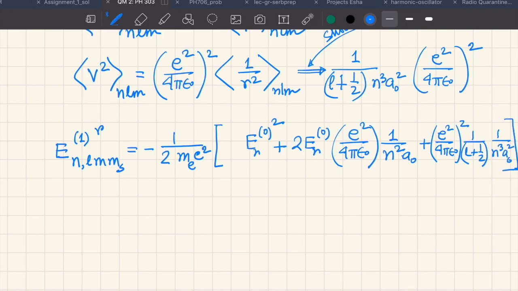So that is the expectation value of V squared, the potential squared operator.